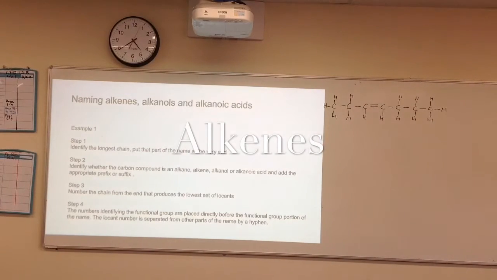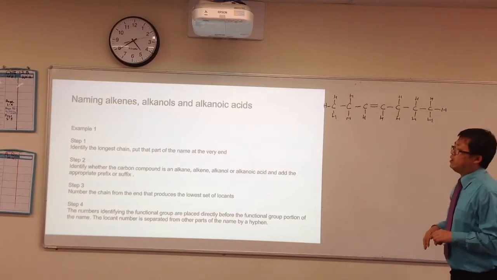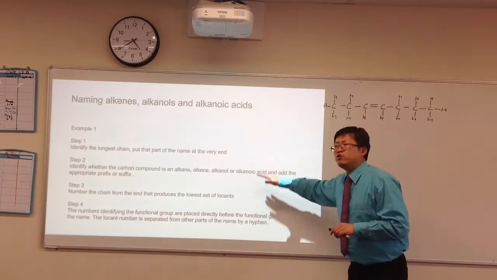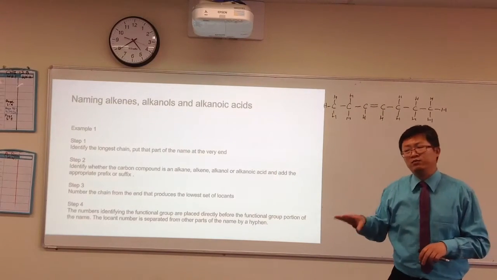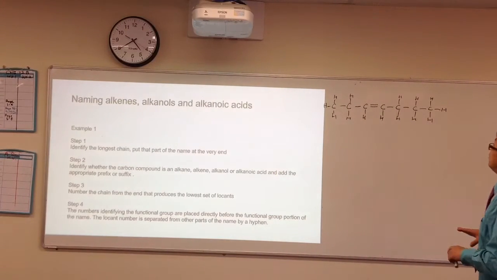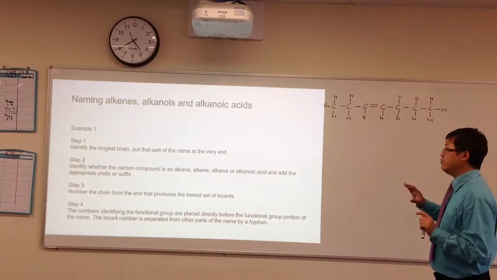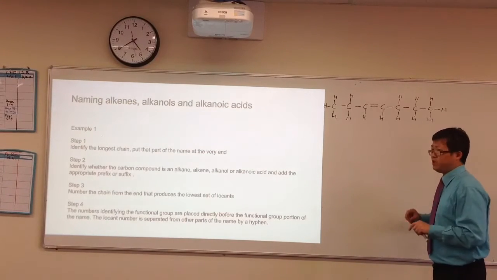Now, to get started, the first thing I want to clarify is how do you name alkene. On the whiteboard up here, I've got an example. These are the 4 golden rules that you need to follow at any given time when you try to name these things correctly. So the first order of business is to identify the longest possible chain on your particular question.